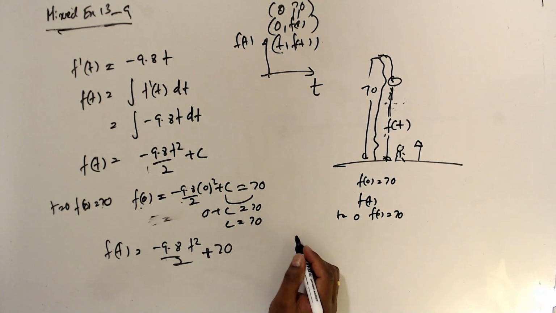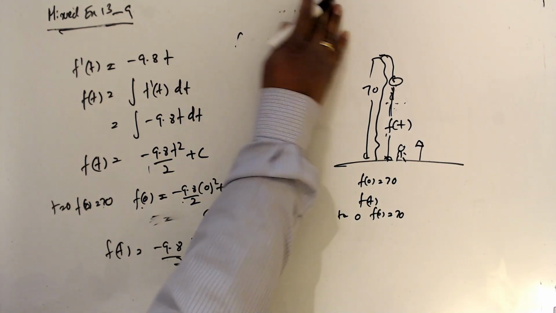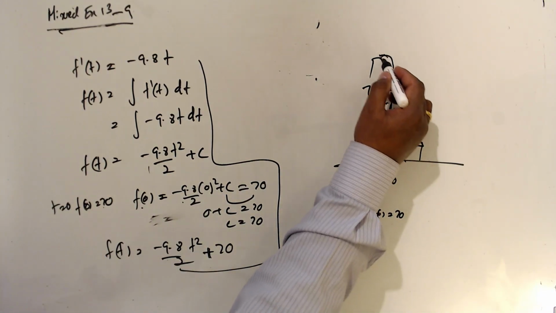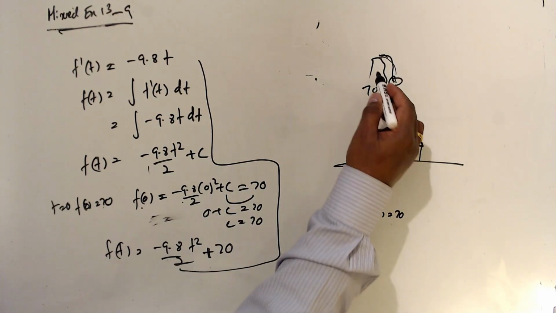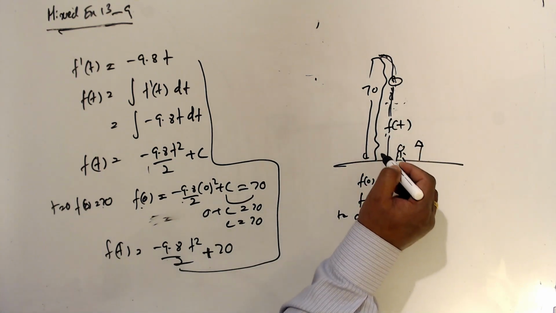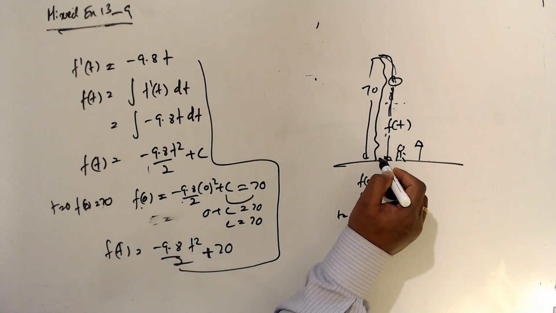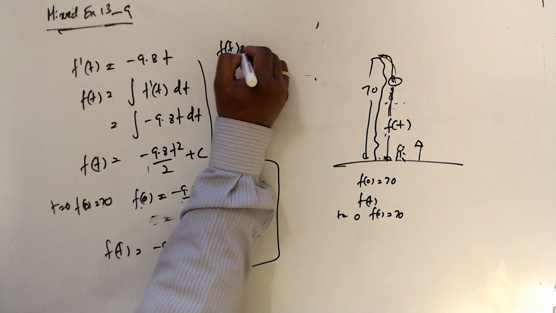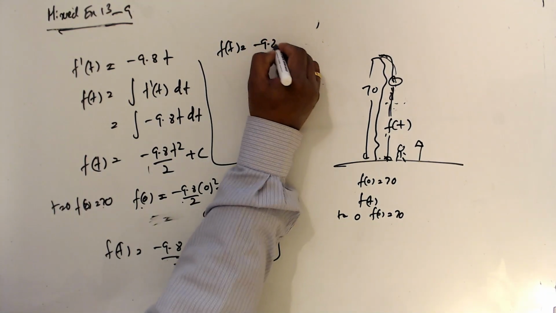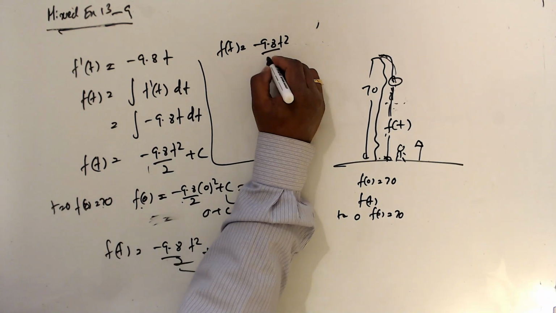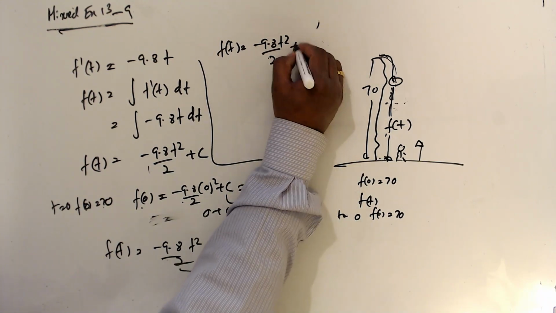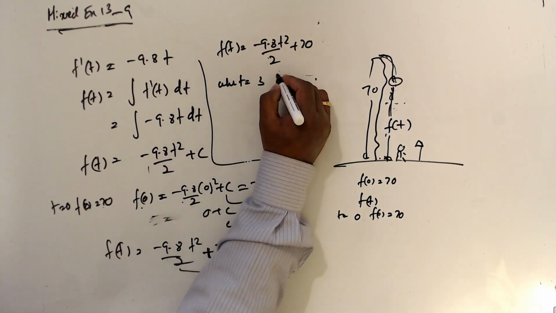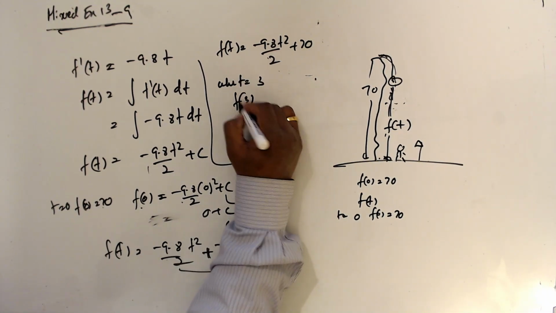Now we want to find the height after 3 seconds. This one is falling, so the height is decreasing.